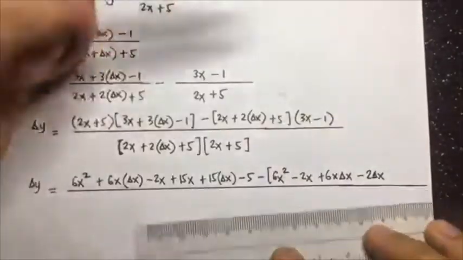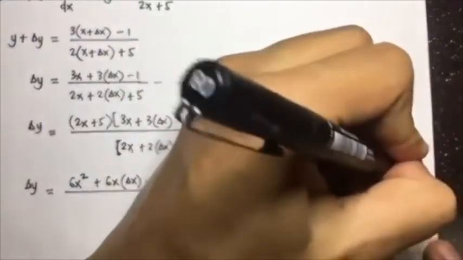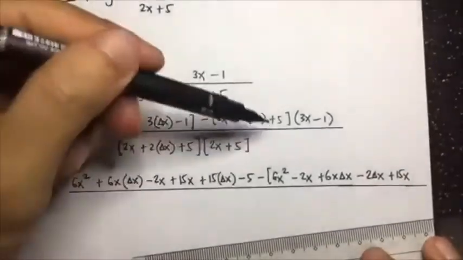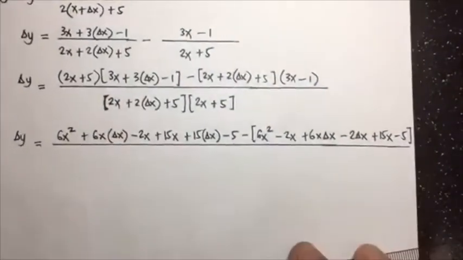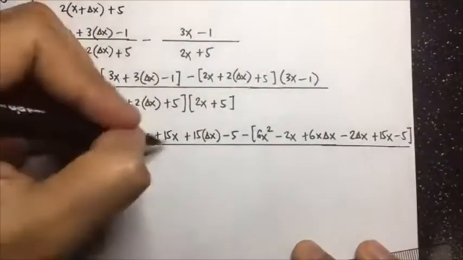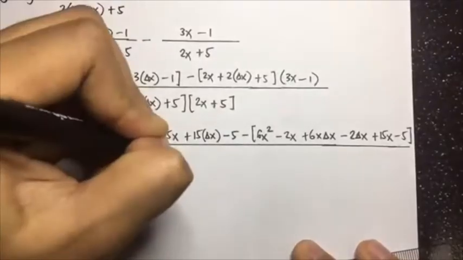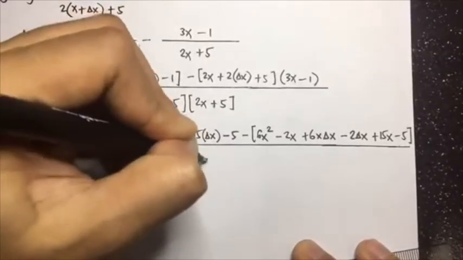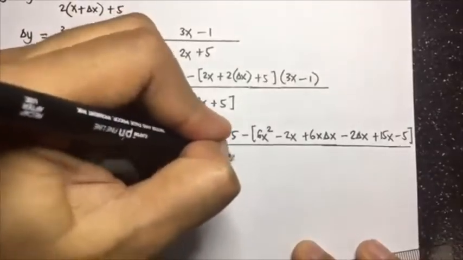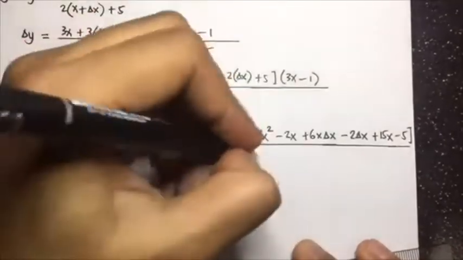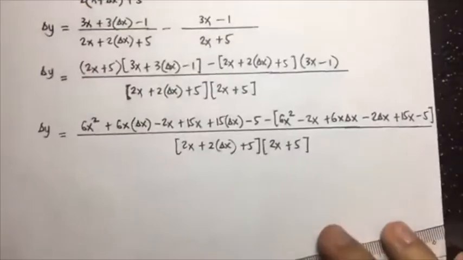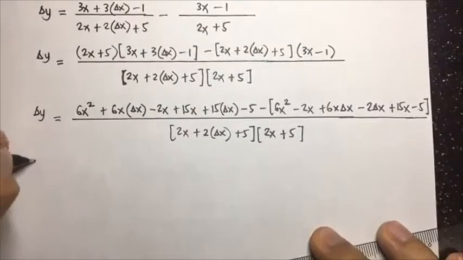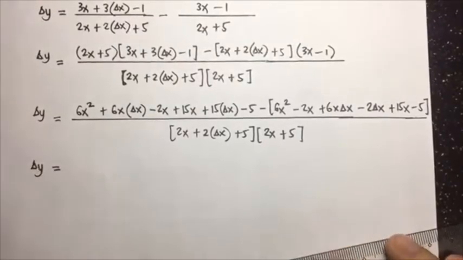And then 5 times 3x, so plus 15x. 5 times negative 1, so minus 5. Okay, so over, rewrite the denominator: (2x plus 2 delta x plus 5) times (2x plus 5). Now simplifying the numerator, we should cancel out some terms.